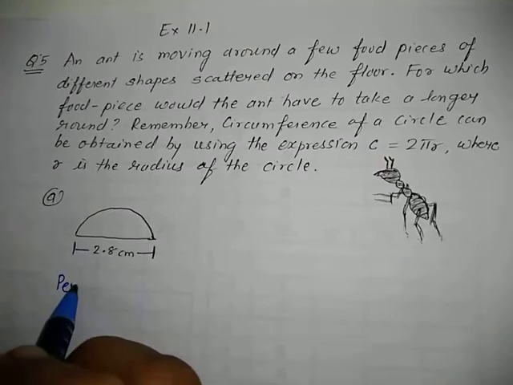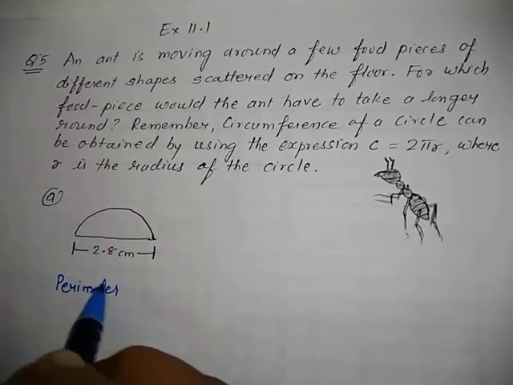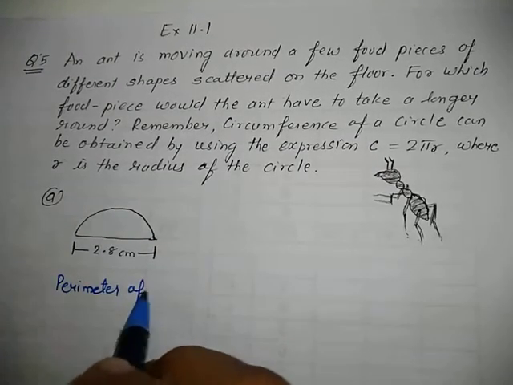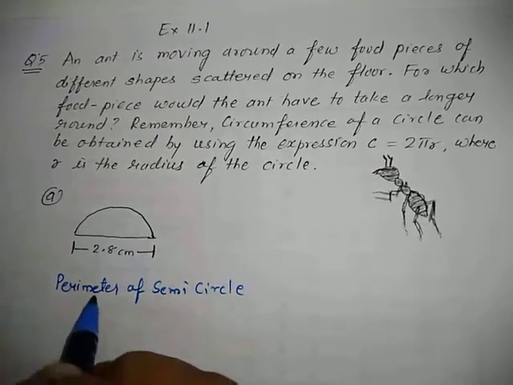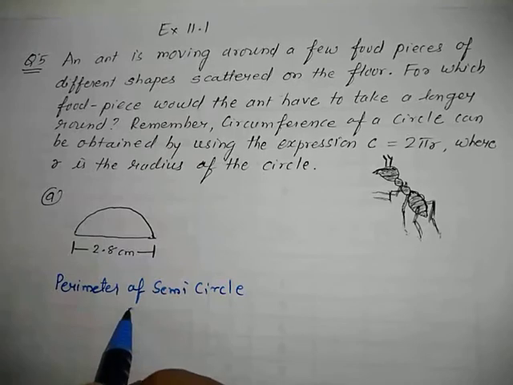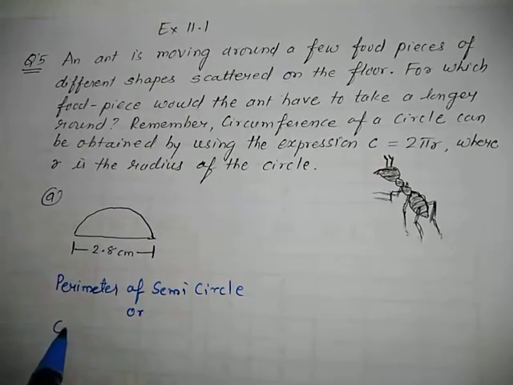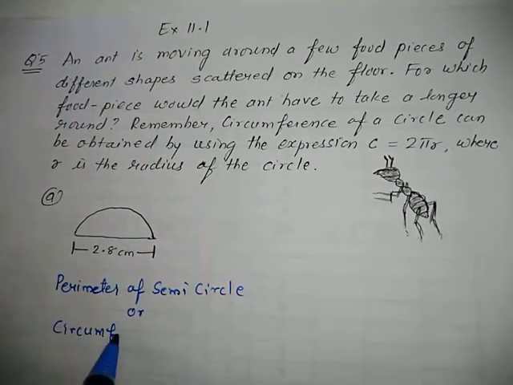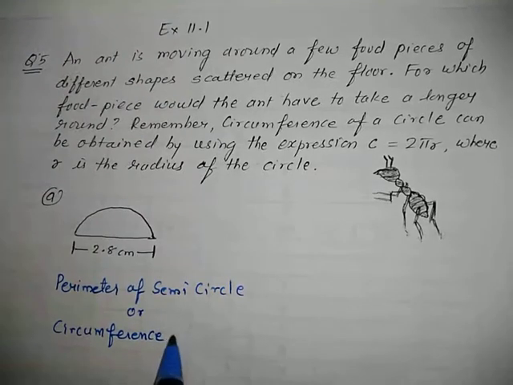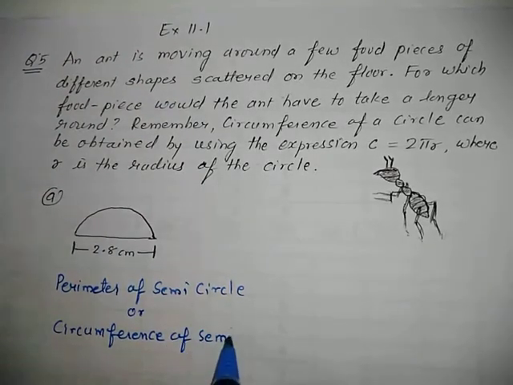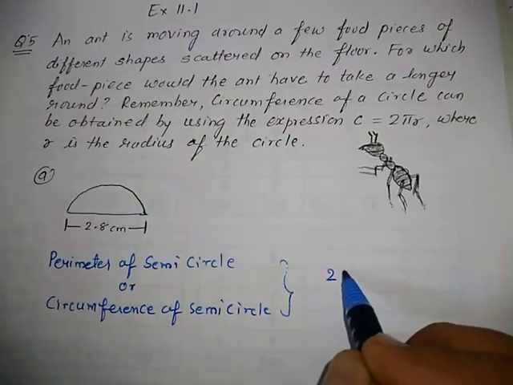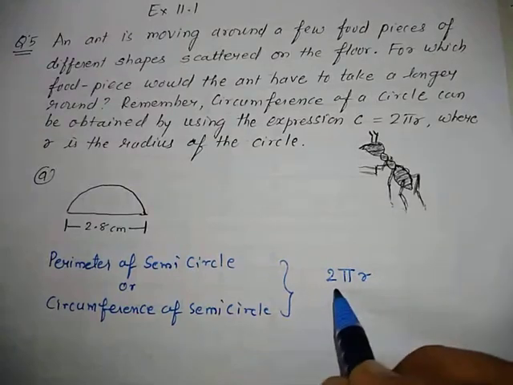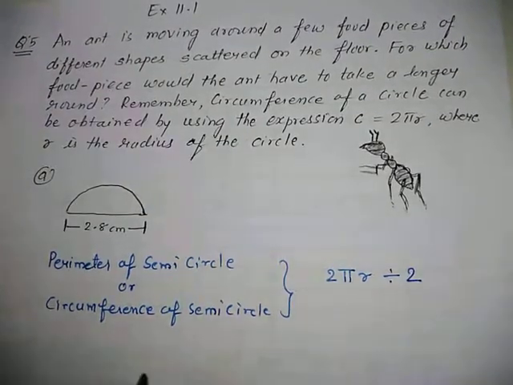So the perimeter of a semicircle, or in place of perimeter we can write circumference of a semicircle. It means 2 pi r divided by 2.